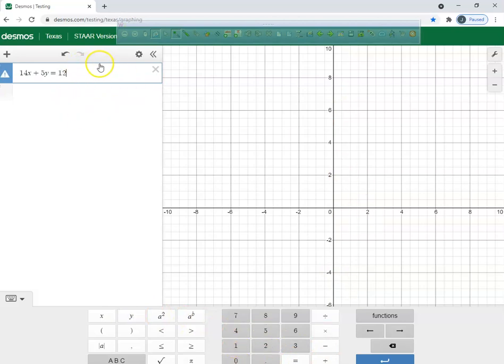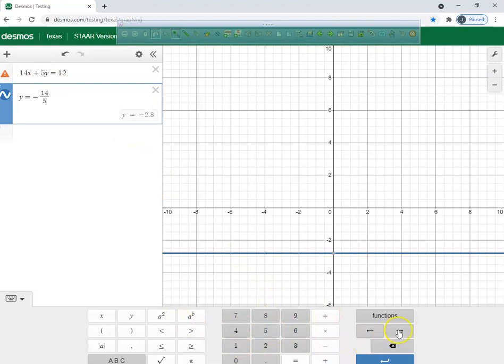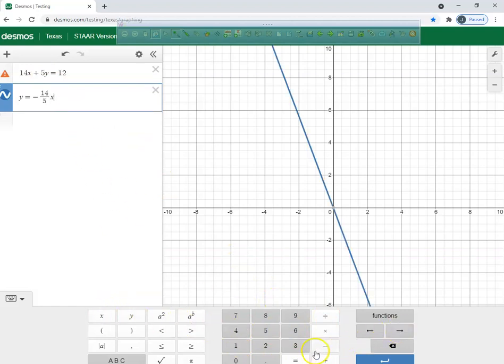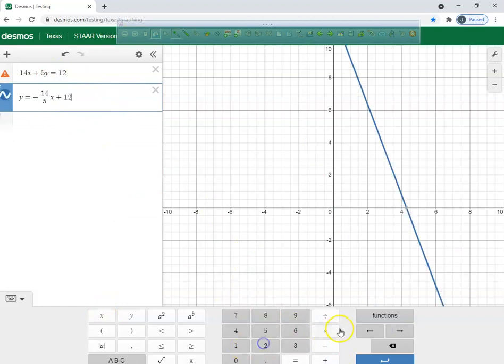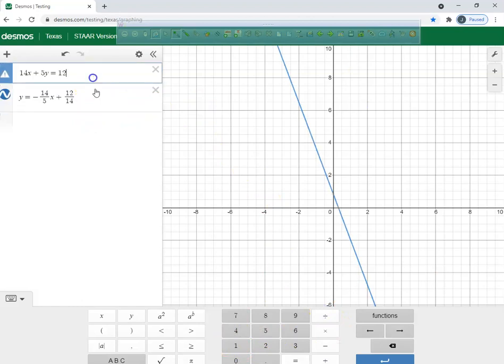No. Now, if I changed it to y equals negative a over b, what's negative a over b? That's negative 14 divided by 5 times x, and then c, so plus 12 over 5. Will it graph this? Yes, these match.